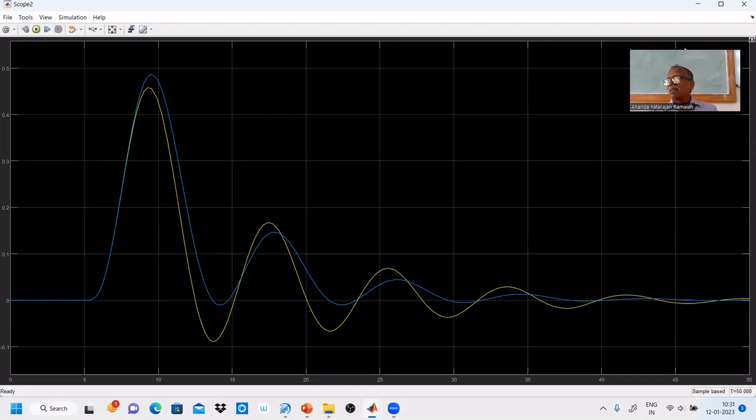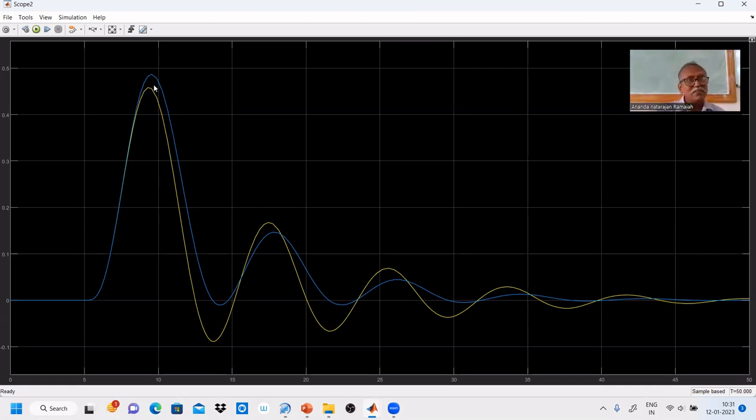Which settles quickly? The continuous cycling method settles quickly. That's why it gives lesser IAE. But in the reaction curve method, large errors are here. Here it is not larger. That's why it gives a lesser value. Here only you will get the largest error.